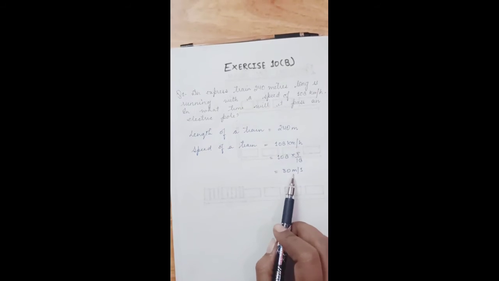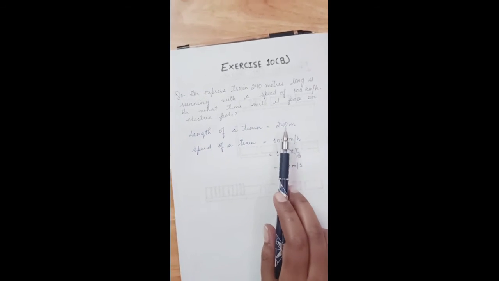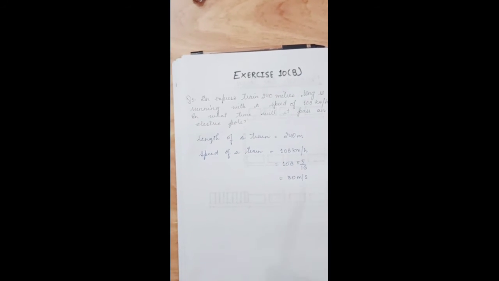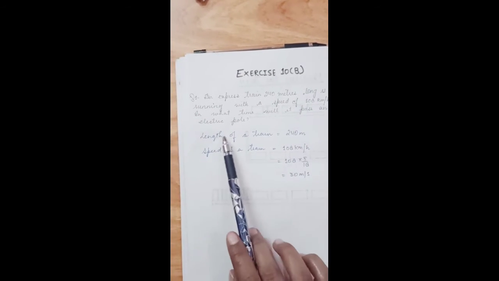So this is the speed of the train and this is the length of the train, and the train is crossing an electric pole. We consider the length of an electric pole as 0.